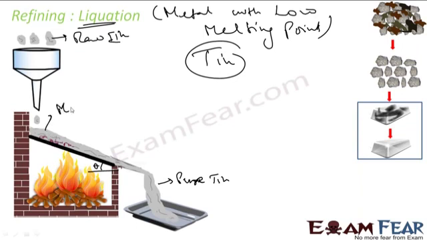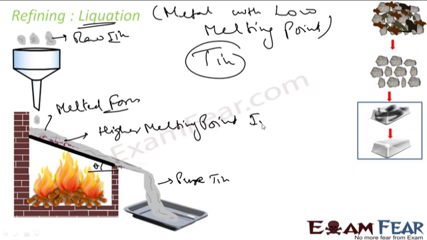This molten metal can flow on this sloping surface, but the higher melting point impurities, that means impurities which have higher melting points, won't melt. They will be solid, and they won't flow, so they can easily be separated.